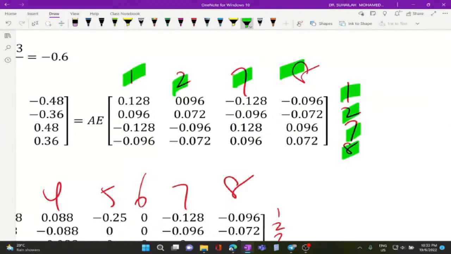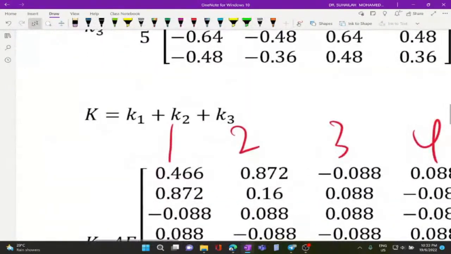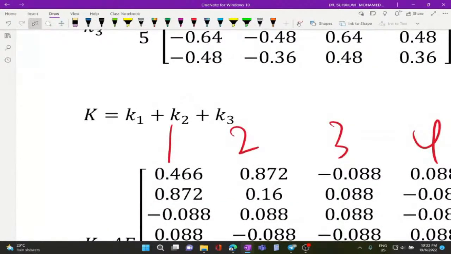And then what we need to do is combine K1 plus K2 plus K3. Because the structure stiffness matrix has 8 degrees of freedom, we have to produce an 8 by 8 matrix.